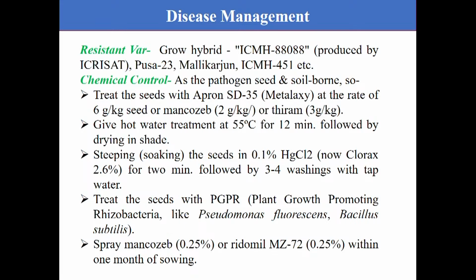You can spray mancozeb on the infected crop at the rate of 0.25%, or you can also apply Ridomil MZ 72 at the rate of 0.25% within 1 month of sowing.